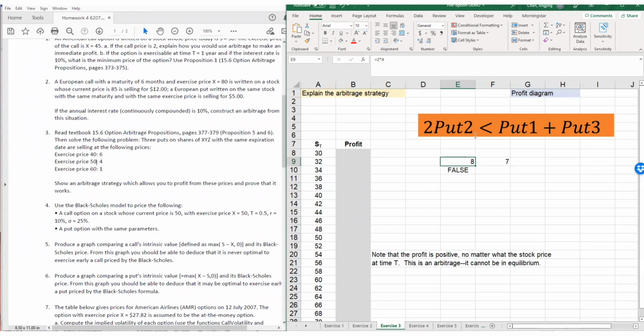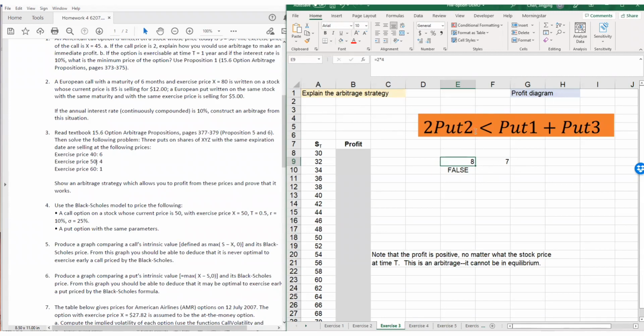So then we can talk about how to construct an arbitrage strategy. The arbitrage strategy is still the butterfly for constructing the butterfly strategy. If everything holds, then the left-hand side is less than the right-hand side. Now, if it's violated, what we can do here is to exploit this 8 and pay only 7 so that we can have a gain of 1.